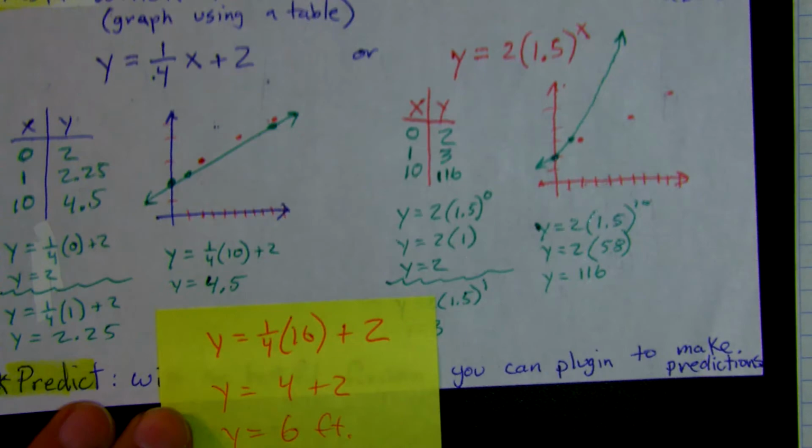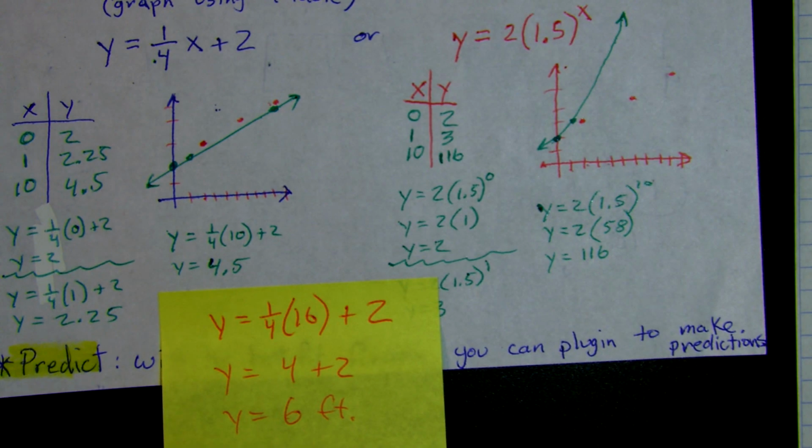So this applies to everything that has consistent growth. Now, why wouldn't this work if I asked, how tall are they going to be when they're 40 years old? Somebody tell me how tall they're going to be in feet when they're 40 years old, and why that doesn't work.